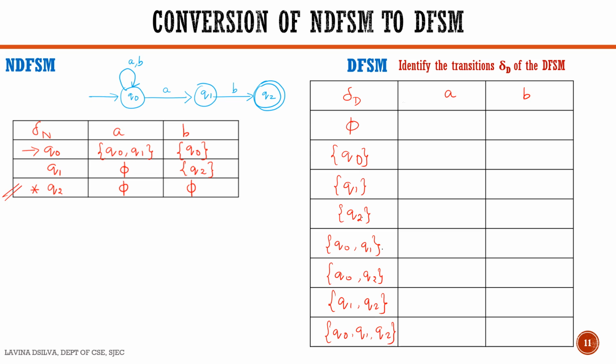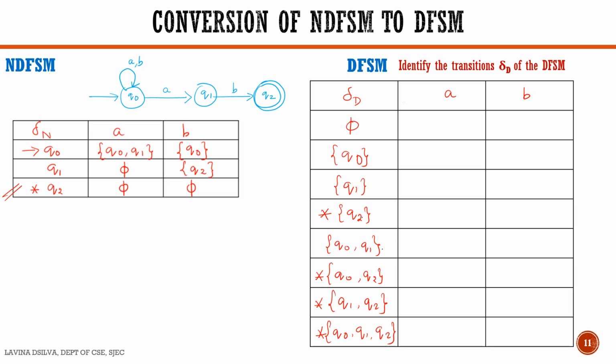Here, since Q2 is the final state of NFSM, wherever Q2 is present as an element in the states of DFSM, we consider all those states as the final states of DFSM.